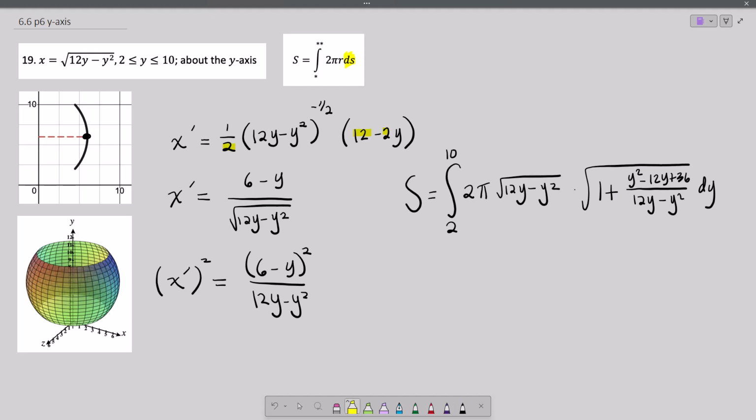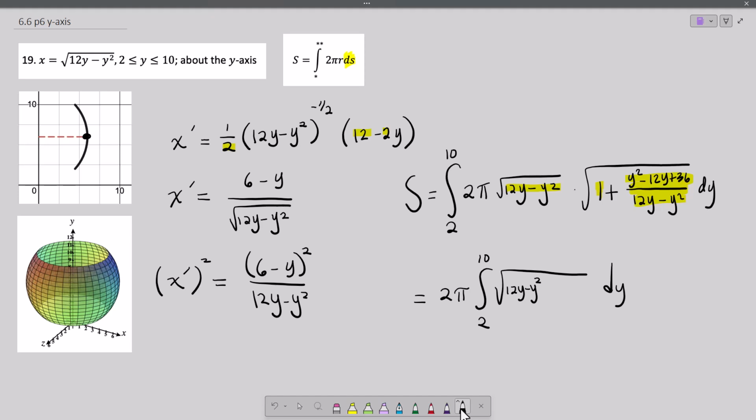And now back to algebra. We take the inside of this square root, multiply it by the 1, take the inside of that square root and multiply it by this. And once again, we see this beautiful cancellation with the denominator on that second multiplication, which is going to give us a lot of room for integration. So square root, dy, 12y minus y squared multiplied by 1.